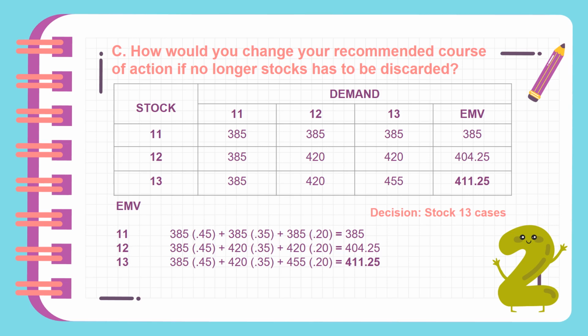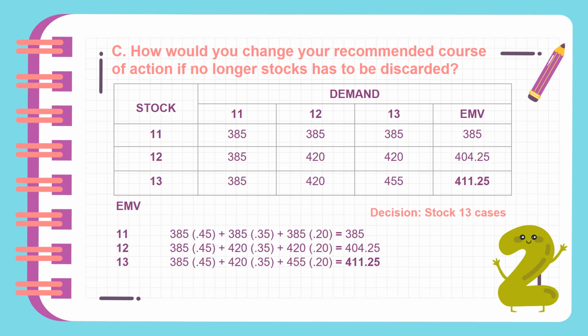Same as the previous, we need to get the highest EMV, or expected monetary value. For stock 11, we have the expected monetary value of 385. For stock 12, an expected monetary value of 404.25. And for stock 13, we have 411.25.